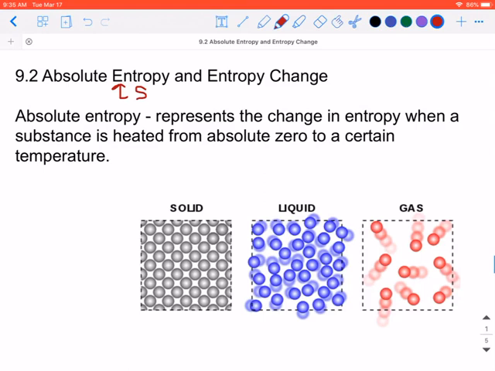Absolute entropy represents the change in entropy when a substance is heated from absolute zero to a certain temperature. So absolute zero, if you're not sure what that is, maybe you've heard of it, that is the lowest theoretical temperature that can be reached. And that temperature is 0 Kelvin.